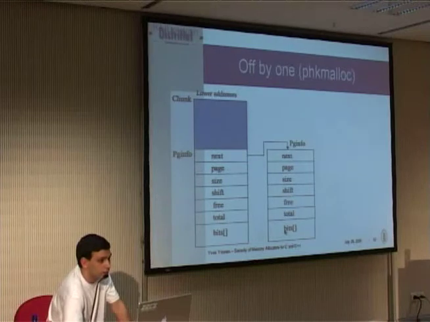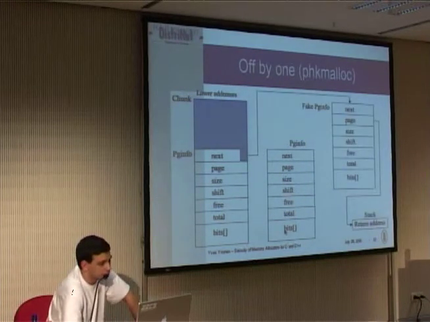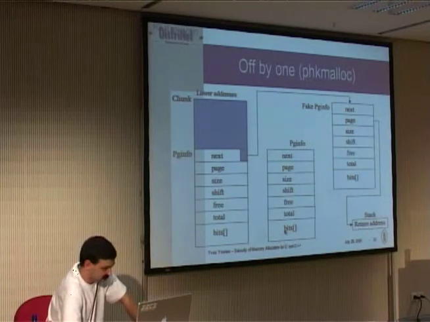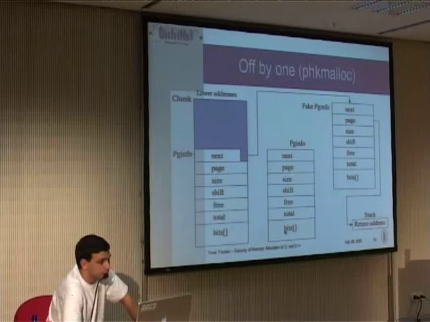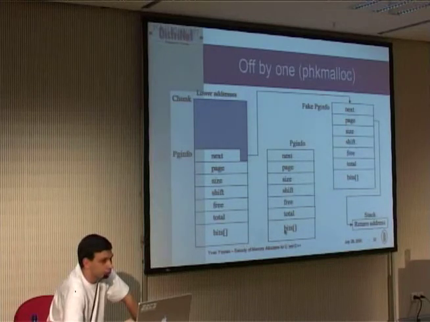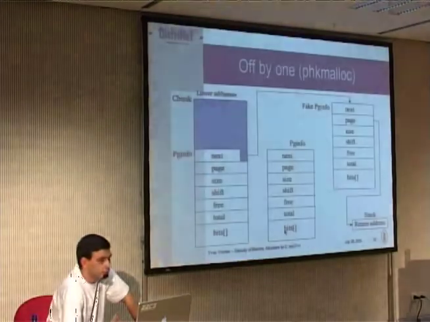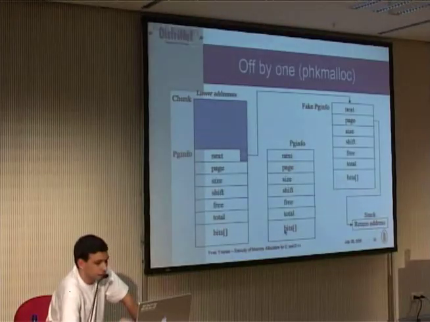We can also have an off by 1 using PG infos. So in this case, we'd overwrite the next field of the PG info. And instead of pointing to the actual PG info, we'd point to a fake one. And in the fake one, we'd have the page again point to our target memory location.